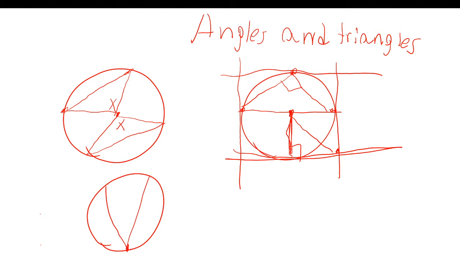So if the arc measure of this is, let's say, 60 degrees, then this angle right here is 30 degrees. So that's basically inscribed angles, and the reason is because this arc, we know it's half, so the circle has 360 degrees, so half of it will have a 180 degree arc, and then that means that this angle has to be a right angle, since half of 180 is 90.